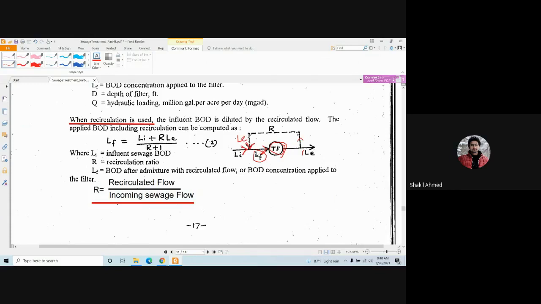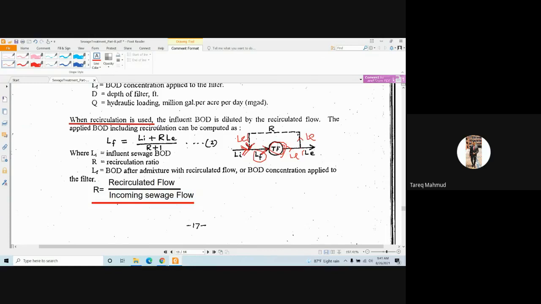This is LE, this is LI, this is LF. Clear? This is also LE. Everything here is LE because you're not mixing anything at this point. Is it clear, guys?